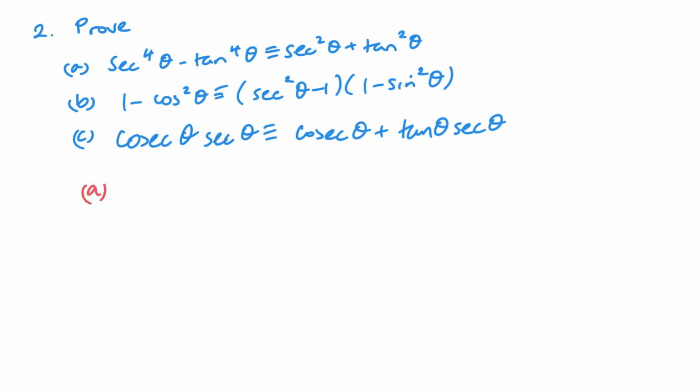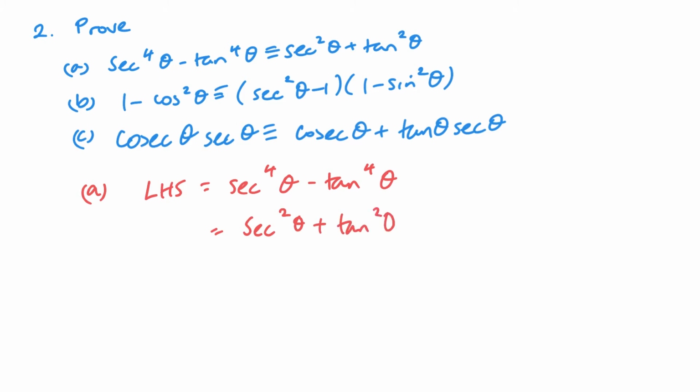Okay, part A, let's look from the left hand side. Sec 4 theta minus tan 4 theta. So looking at this, we are looking at a difference of two squares. So this will be sec squared theta plus tan squared theta, multiplied by sec squared theta minus tan squared theta.